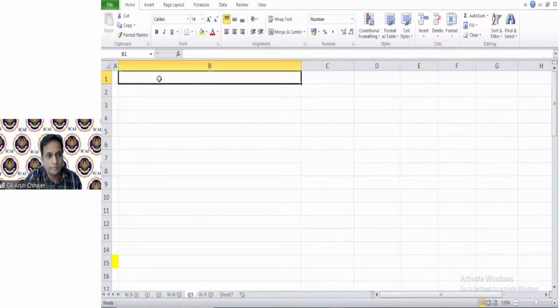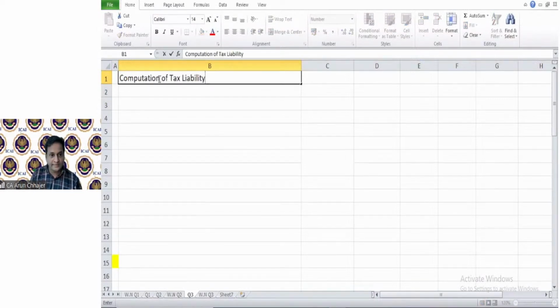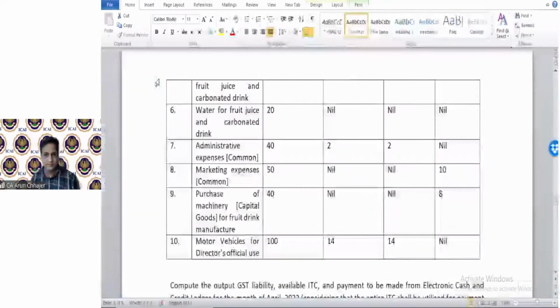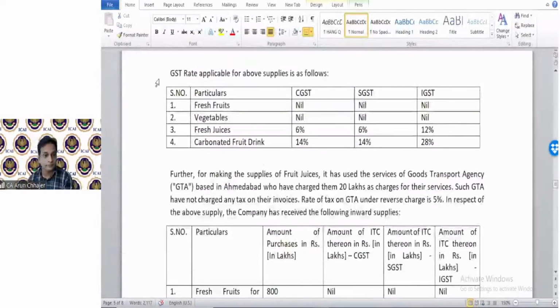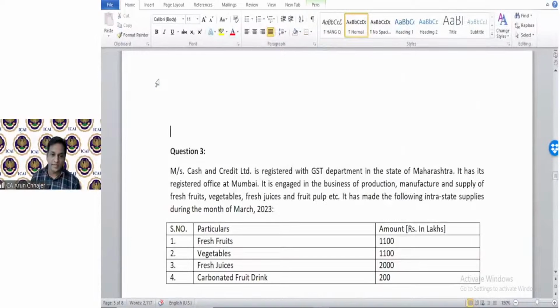Question number 3. Computation of tax liability of Messrs. Cash and Carry.